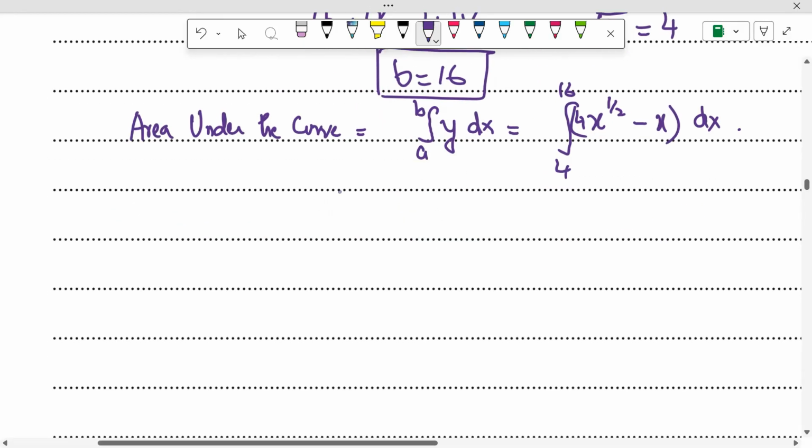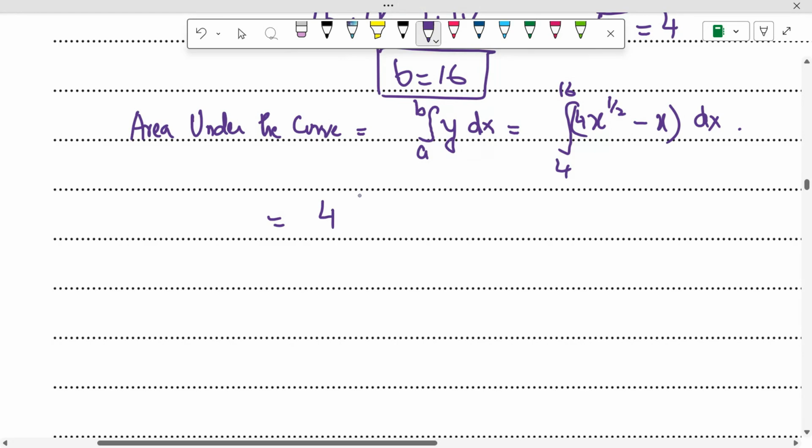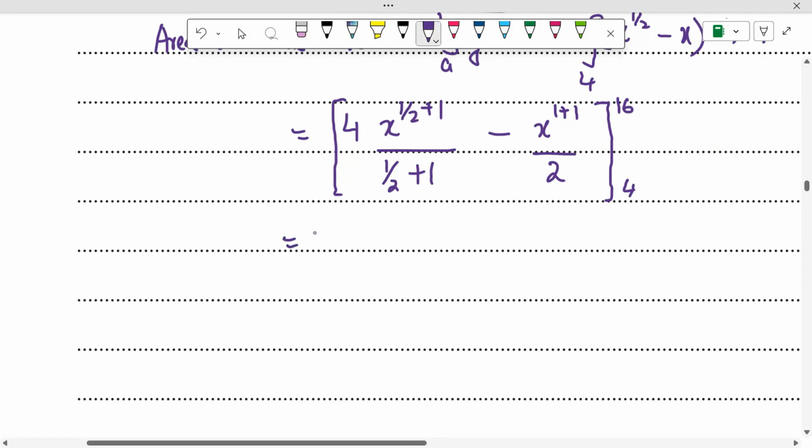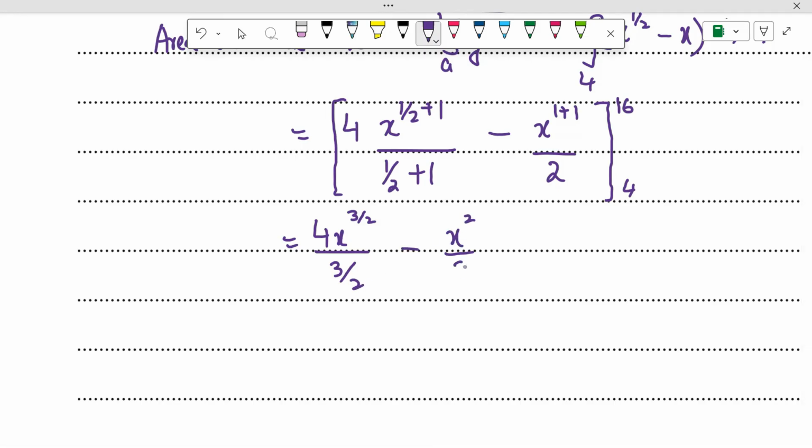Now we apply the integration. 4 times the integral of x to the power of half is x to the power of half plus 1 over half plus 1, minus the integral of x, which is x to the power of 1 plus 1 over 2, with limits from 4 to 16. This equals 4x to the power of 3 by 2 over 3 by 2 minus x squared over 2, with limits from 4 to 16.